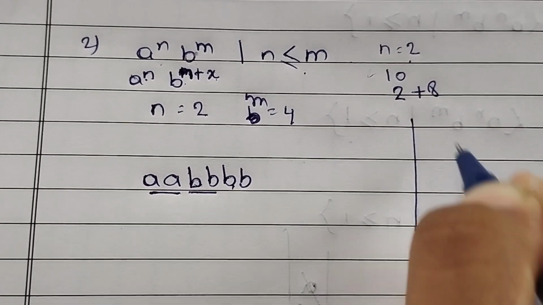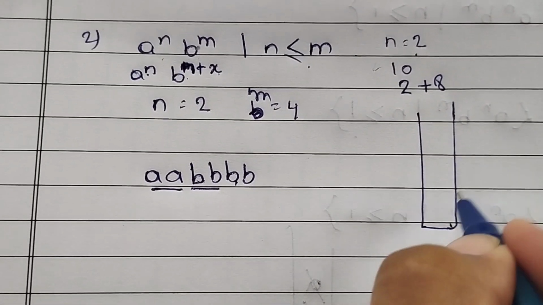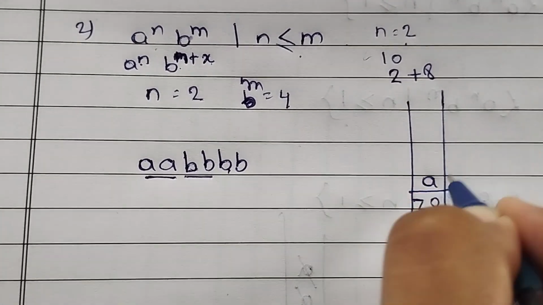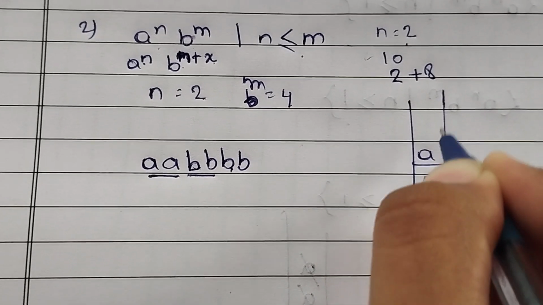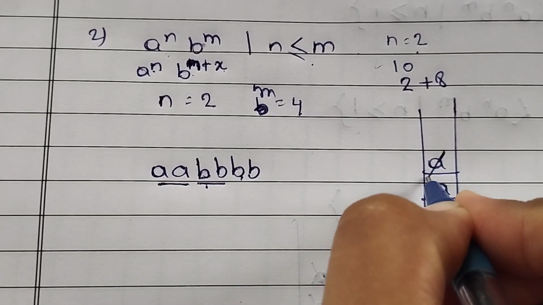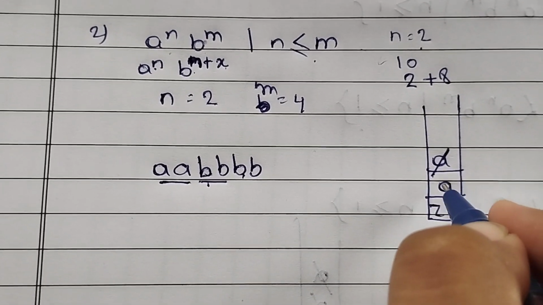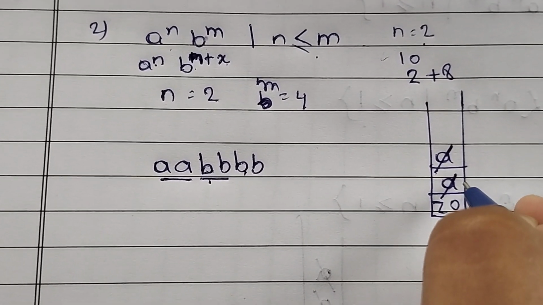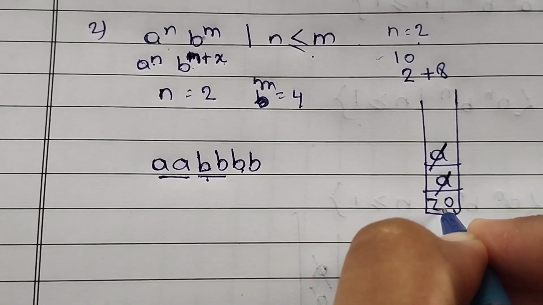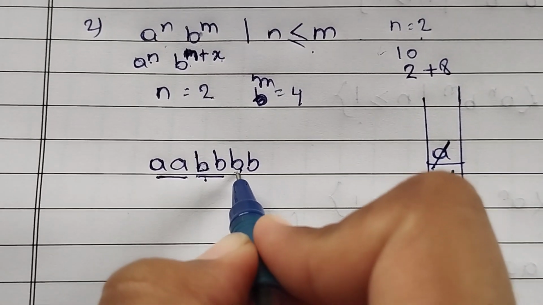So we see here in the stack also, initially z0 is present, then we read a, push a, again if you read a, push a. Now if you read b, first pop this a, again you read b, pop the a. Now only z0 is present and the remaining b's are also present.